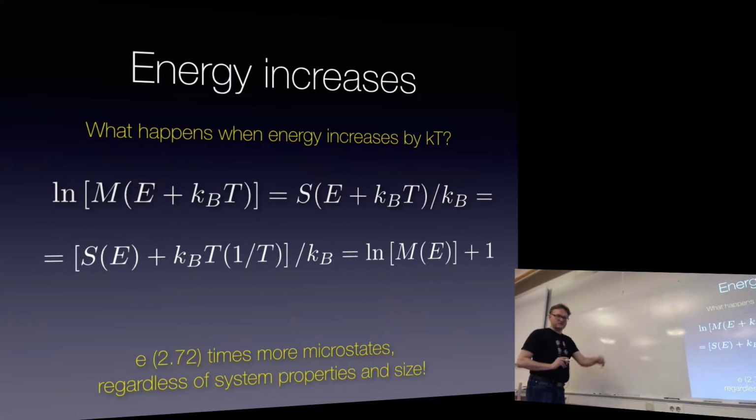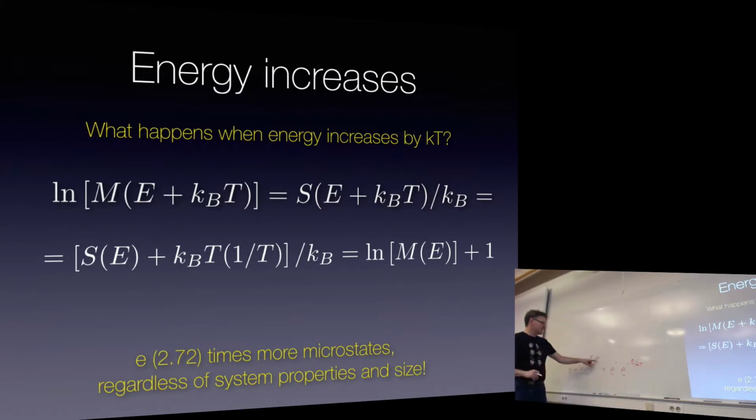Just let me draw the conclusion first, because in general we had e raised to the power of minus E divided by kT. That's what we would normally have, right? And if I now add a small amount of energy, kT there instead, what that will lead to is that the proportionality is going to be e raised to the power of 1 multiplied by minus E divided by kT.